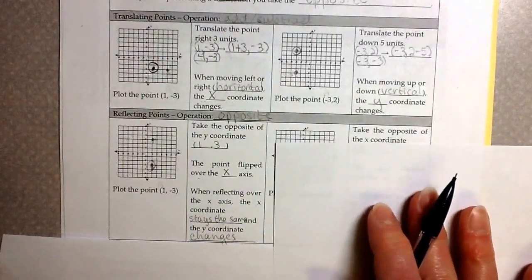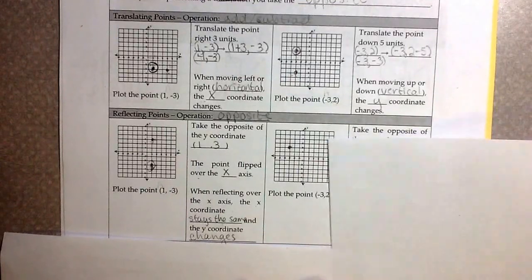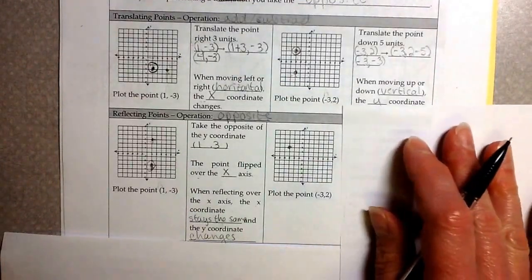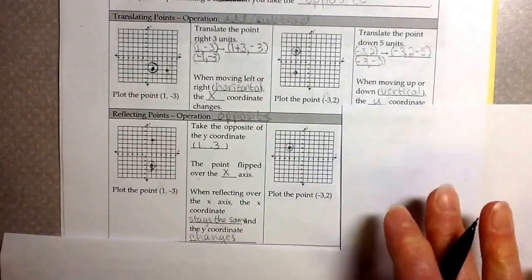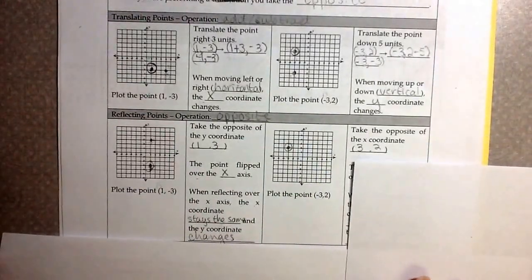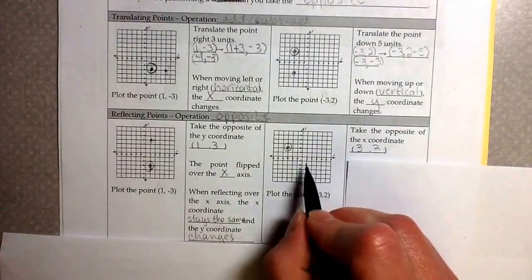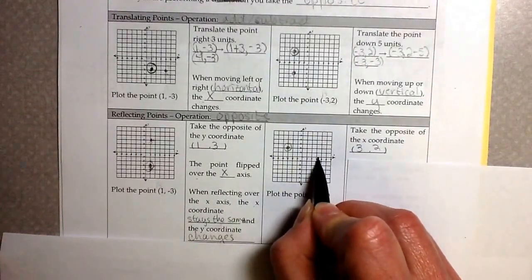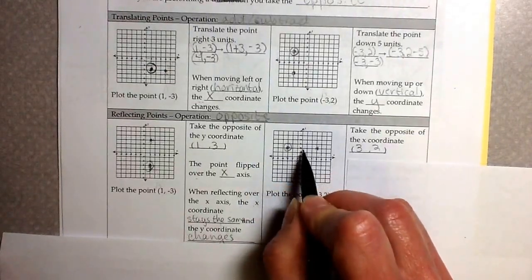And then let's take the opposite of the x-coordinate. So we're going to have the point -3, 2. Here's -3, 2. That's the one we're starting with. And now we're going to take the opposite of the x-coordinate. So that's going to give us a +3, 2. Well, what happens there is it flips or reflects over the y-axis.